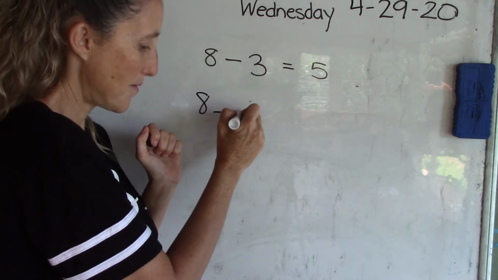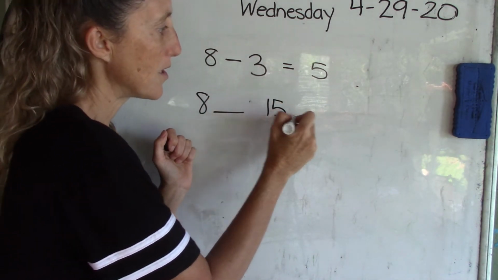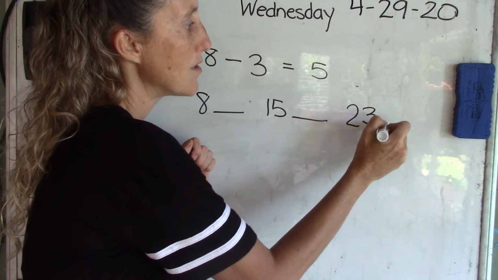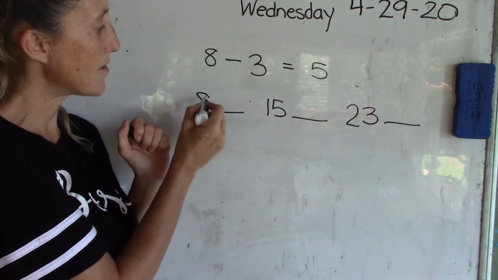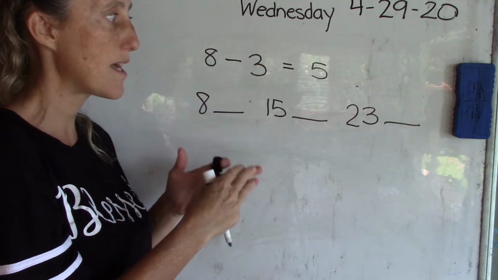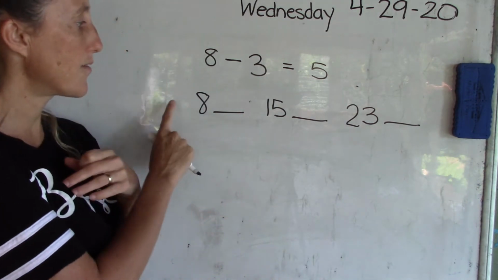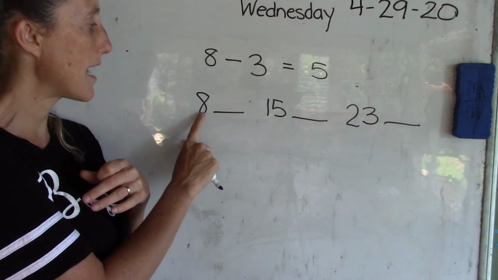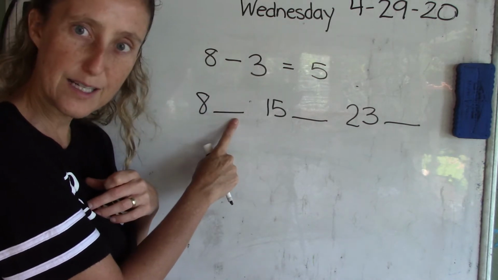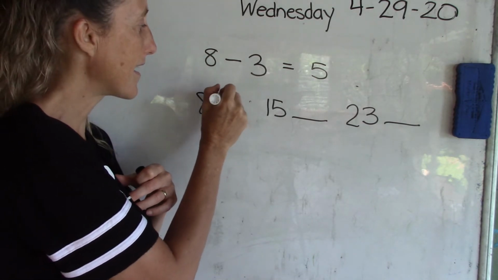Okay, we talked about this before, but let's review it because you're going to be doing it again today. When you see a number and a line right after it, a lot of times they'll ask you what is the next number right after that number. So if you're counting 6, 7, 8, what comes next? 9. Good.